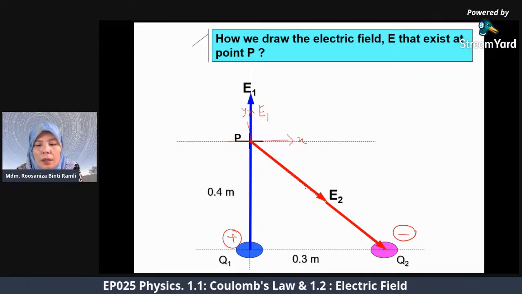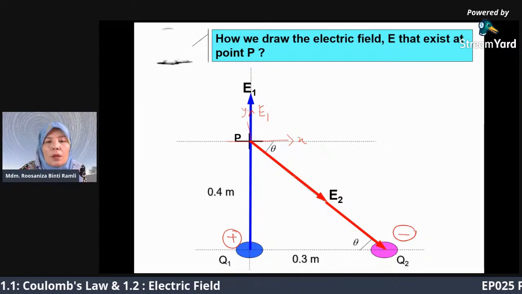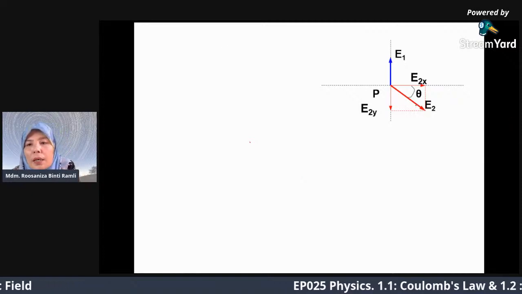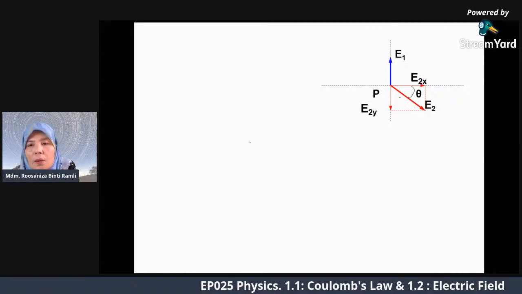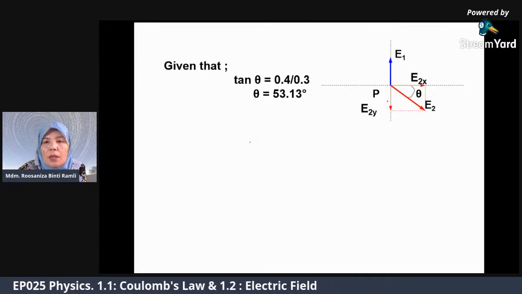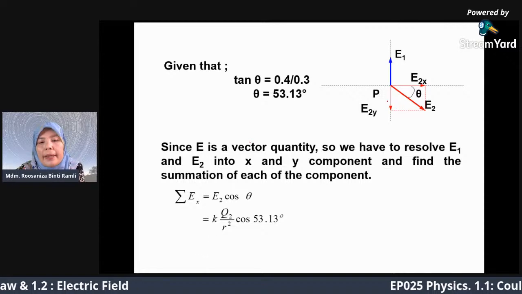Then you have to know the angle. Because E2 does not lie on the x-axis or y-axis, you have to resolve E2 into E2x and E2y.